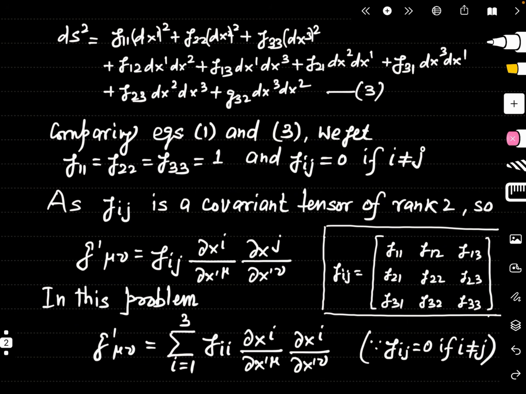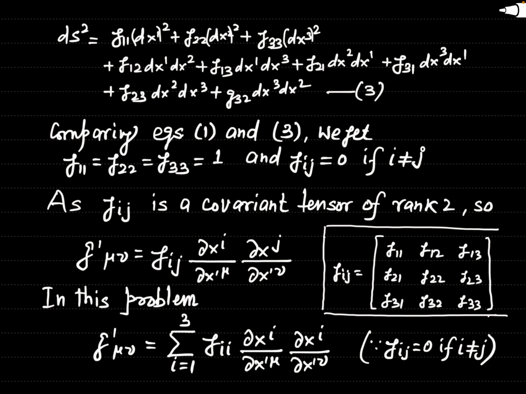In fact, in 3D space, this gij, as you know, is a covariant tensor of second rank, and the space is three-dimensional. So if the tensor is of second rank and the space is three-dimensional, the number of components of this tensor will be 3 to the power 2, that is, the dimension of the space raised to the power of the rank of the tensor.